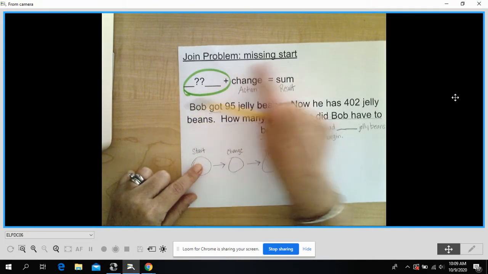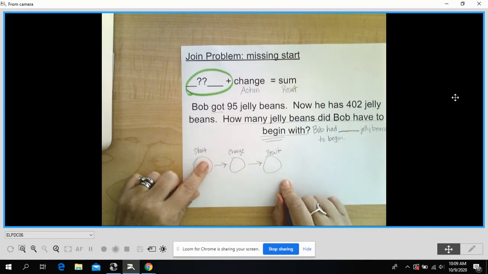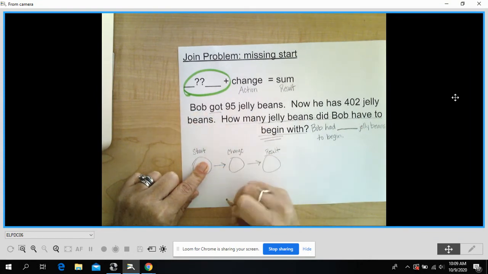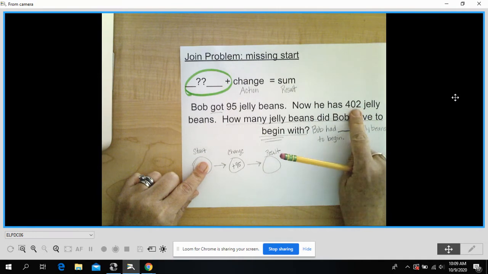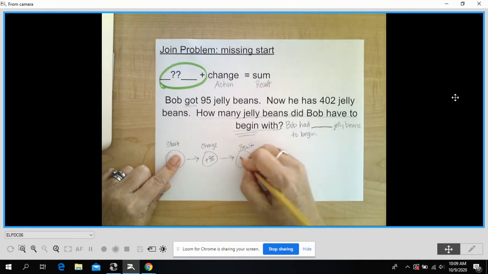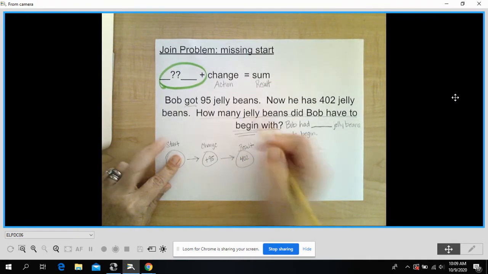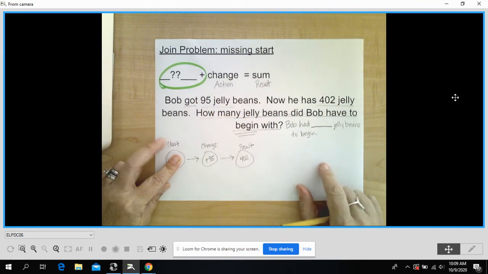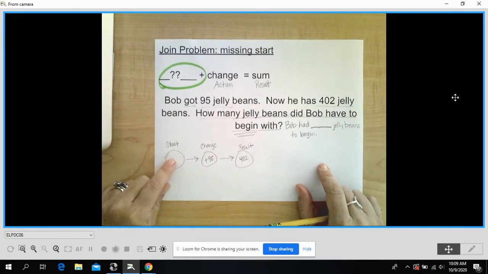So I know, since this is an example, I'm missing the start number. Bob got 95 jelly beans. Okay, so something plus 95 takes him to 402 as the result. So what could this be?